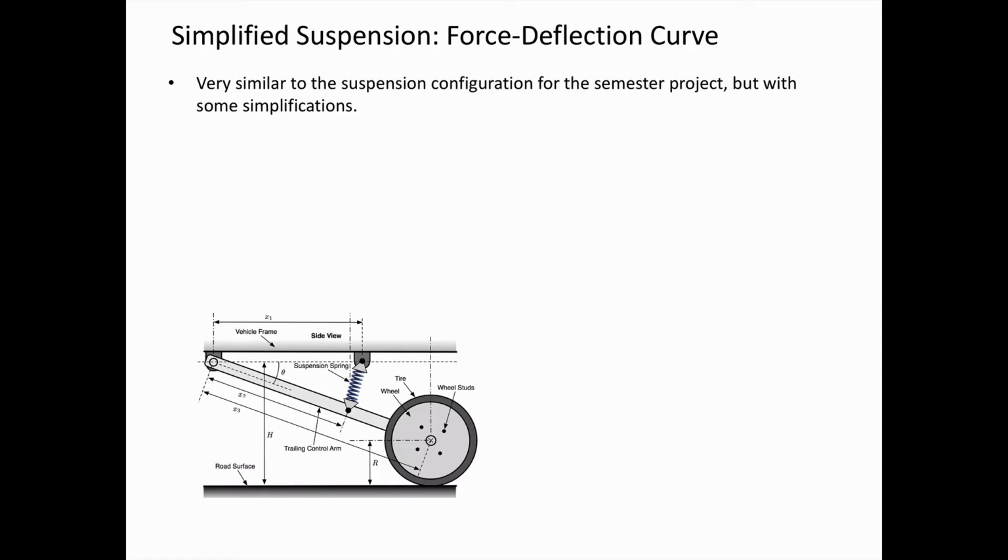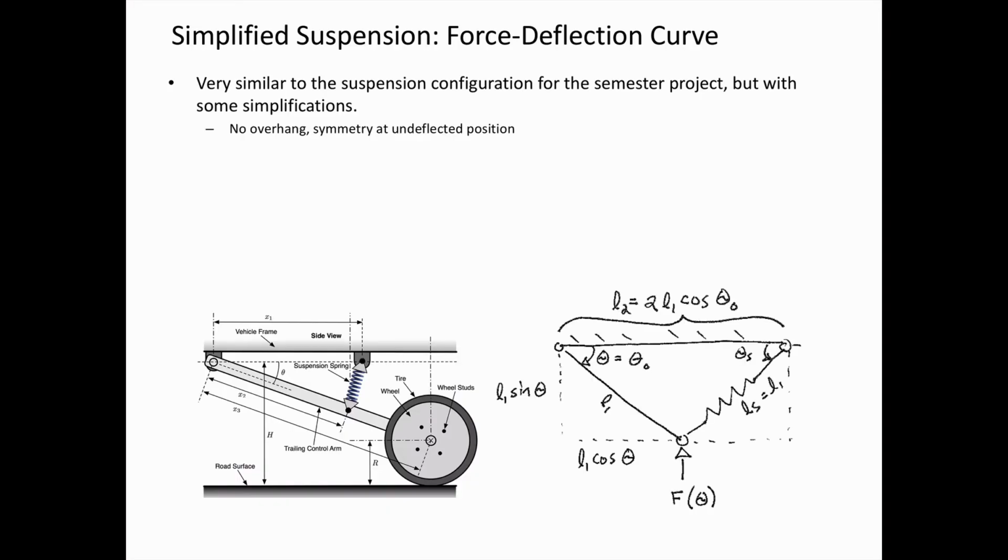This is a simplified suspension model. This is getting very close to what you need to derive for project deliverable number 1, but it is simplified, and it is going to be quite a bit easier than what's involved with the project deliverable. So let's assume there's no overhang past this joint where a force is applied, and we're going to make some additional assumptions of symmetry.